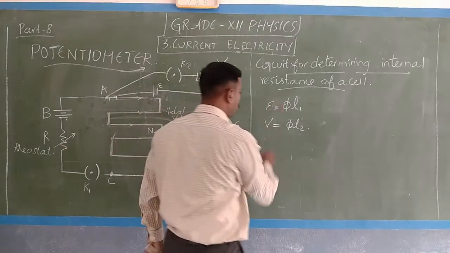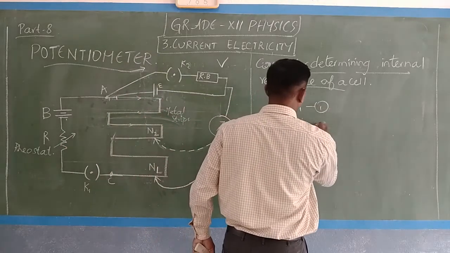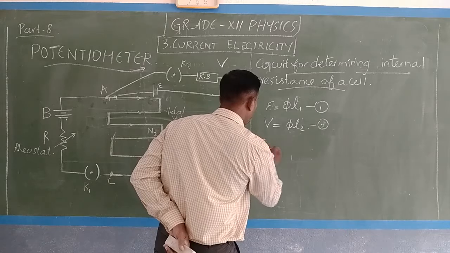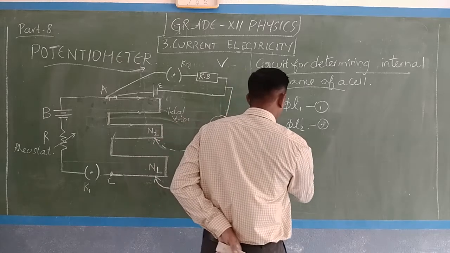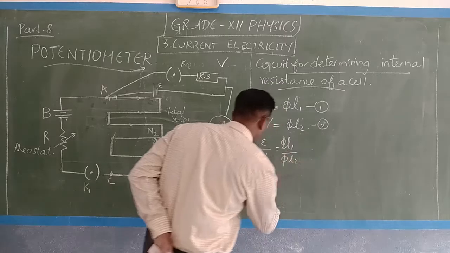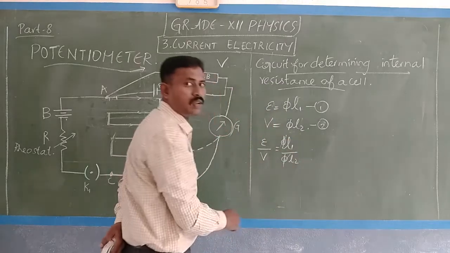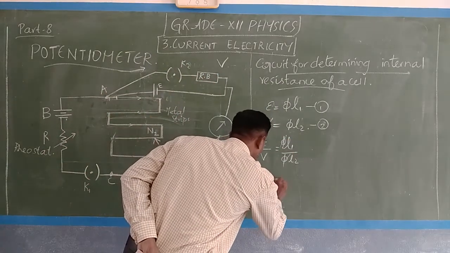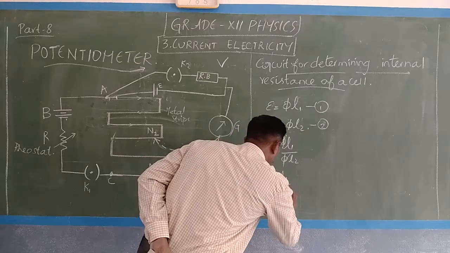Now I take the first equation and the second equation, so E by V equals 5 L1 by 5 L2. We can cancel the 5, so E by V is L1 by L2.